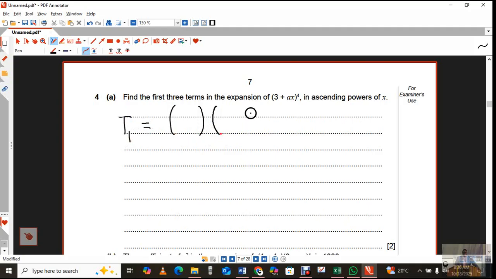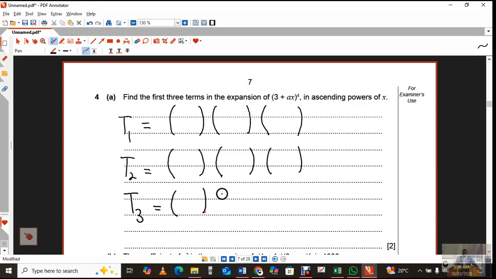I like to create 3 brackets. The second term, I'm going to create 3 brackets again. And then the third term, I'm going to have my 3 brackets. And I hope you understand from your formula that we are going to have 4 choose 0, 4 choose 1, and 4 choose 2.